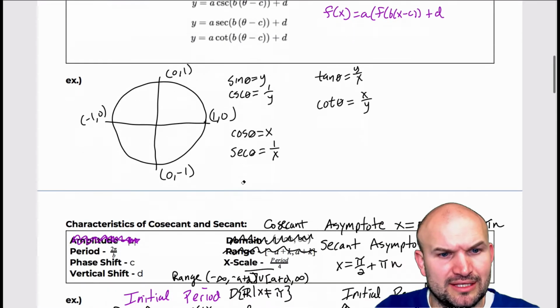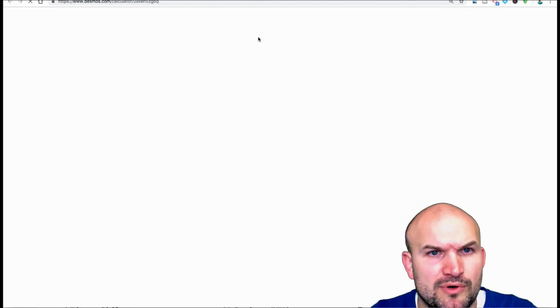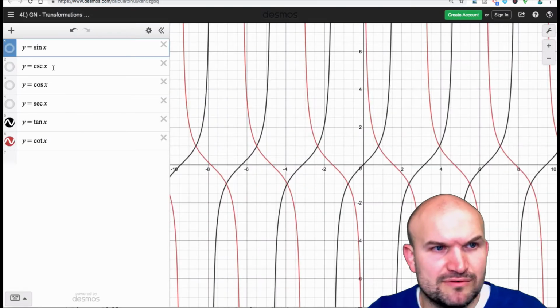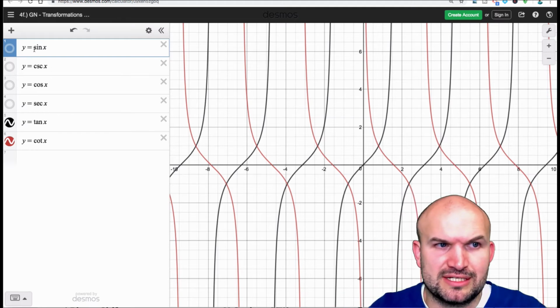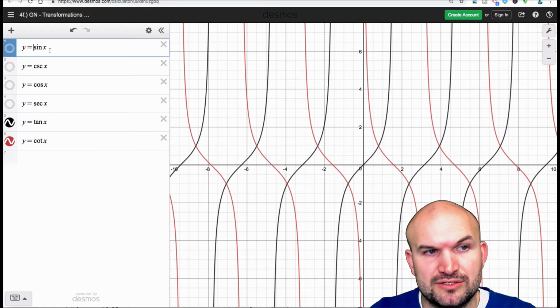One other thing I wanted to mention, which I'm surprised I didn't talk about before: when we're looking at these graphs, remember, the trigonometric functions are playing the exact same kind of role here. So I want to talk about this relationship.